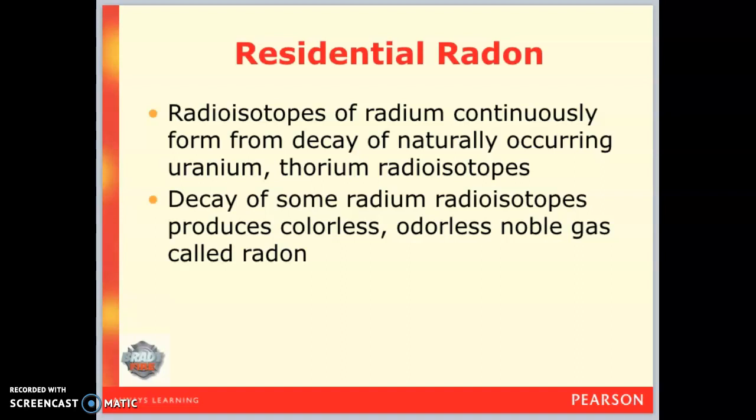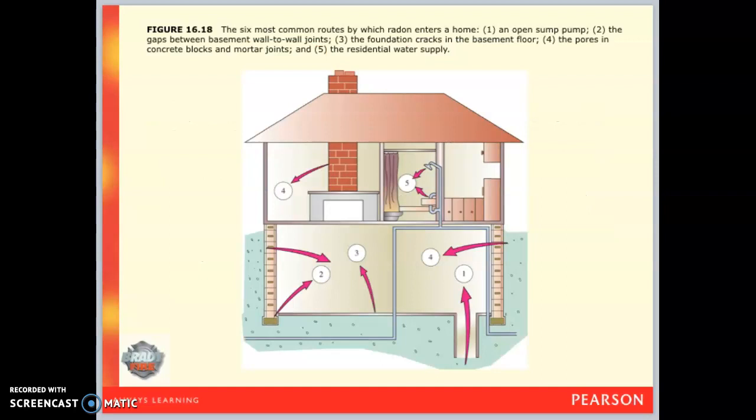Now, radon can find its way into our house in a number of different ways. And so where we tend to find radon the most often is in our residential applications, in our house. Now, there are good home tests out there for radon. If radon is a particular danger in your area, it's something that you want to try to mitigate, try to be aware of, because you are increasing your exposure to radioactive materials with every breath.